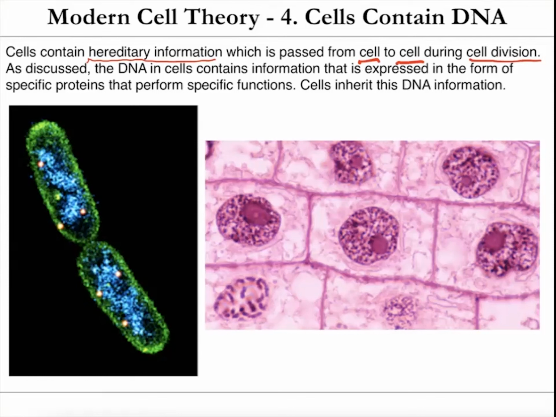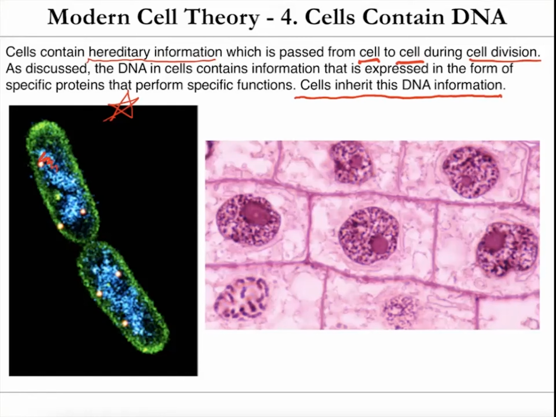The DNA will be transcribed into RNA, and then the RNA will give the genetic code to build specific polypeptide chains for the form of proteins. So when cells divide, they will inherit this DNA information. Again, we have prokaryotic cells over here.